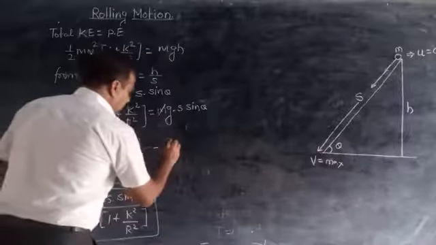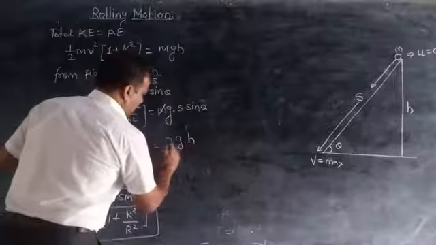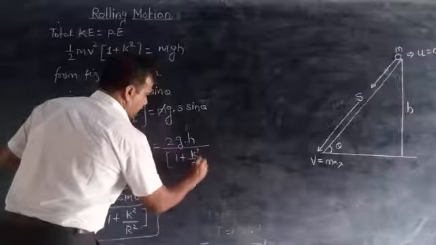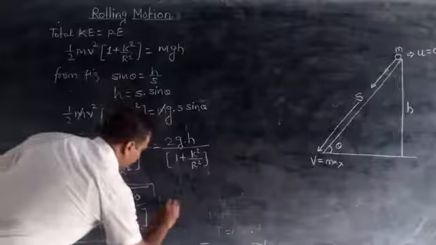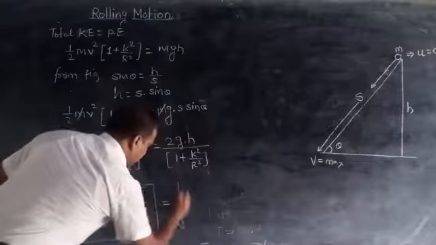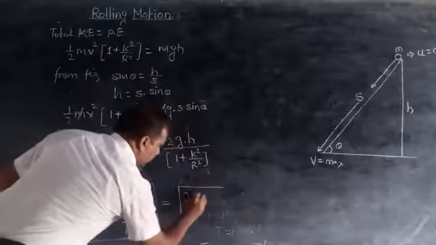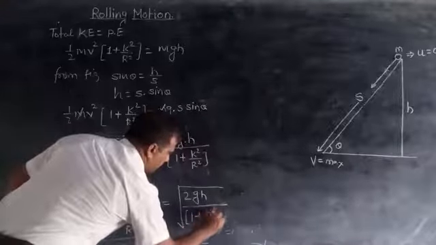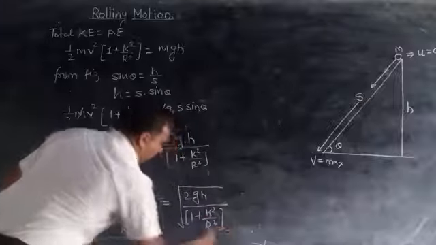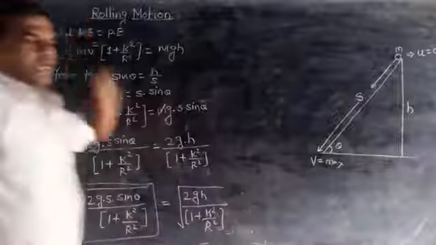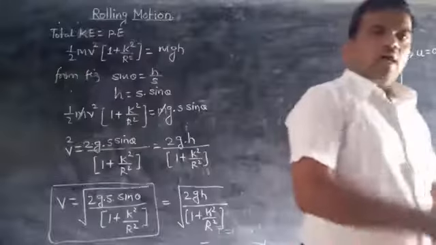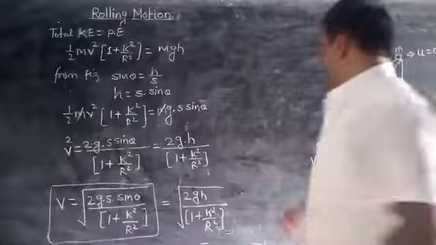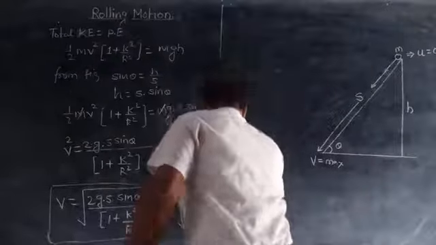Therefore, this can be written as under root 2gh upon in bracket 1 plus k square upon r square. Now, we have to determine the acceleration of the body at the bottom.